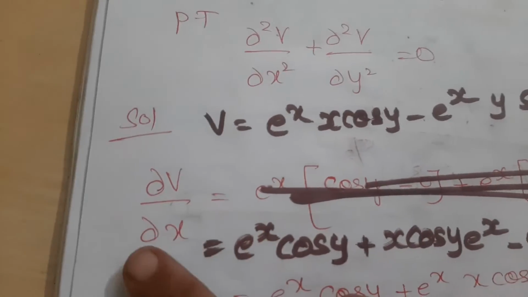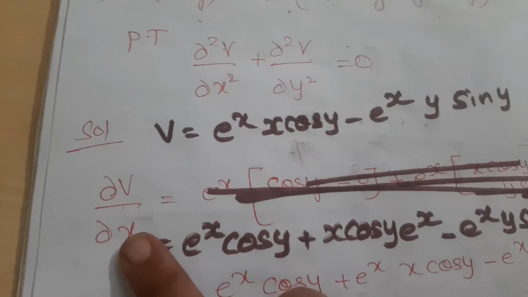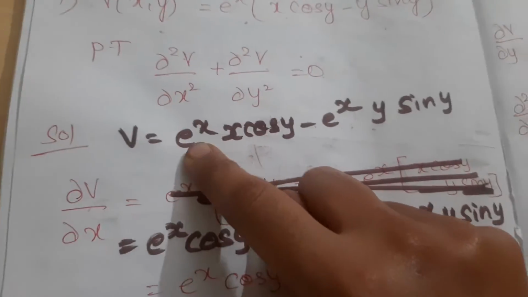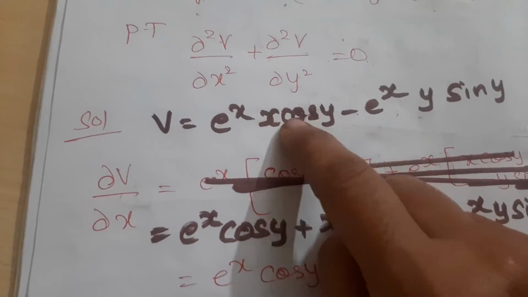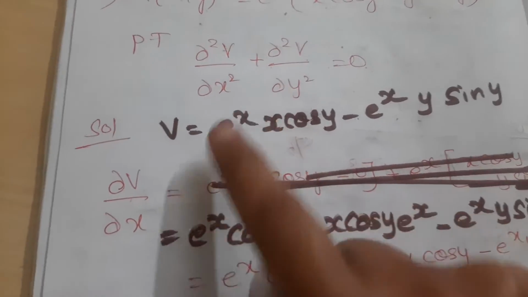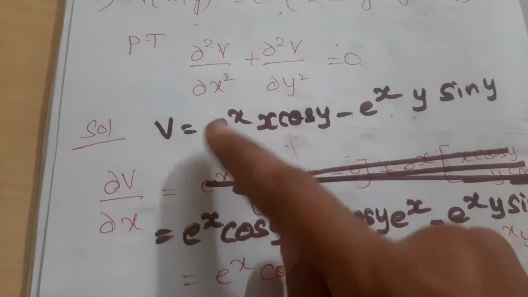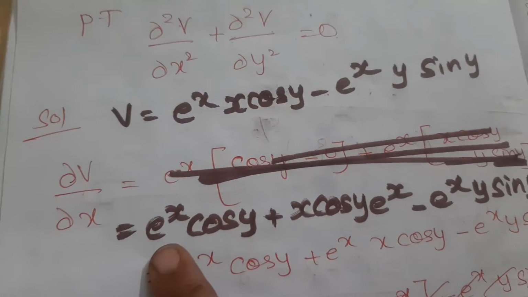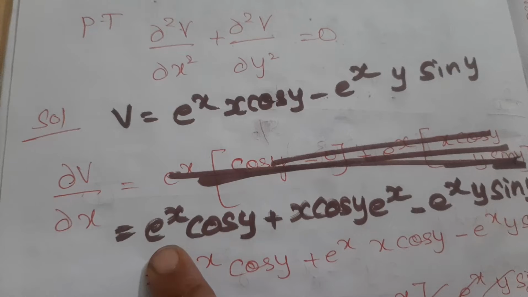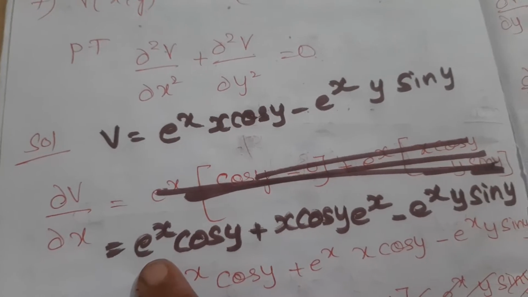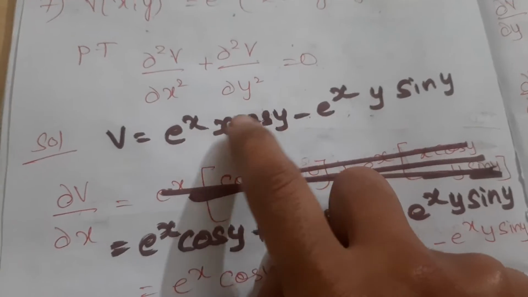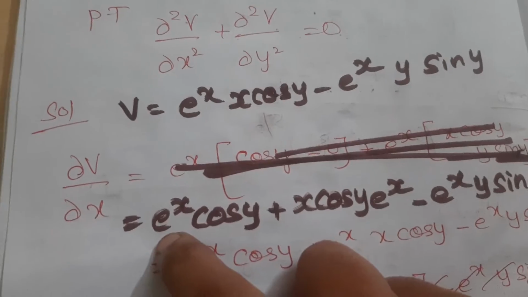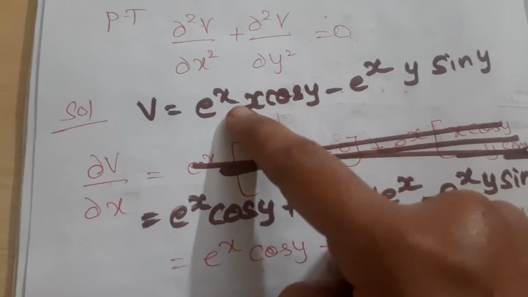I can differentiate with respect to x partially. I take e power x as u and x cos y as v. I keep the first function as it is and differentiate the second function.